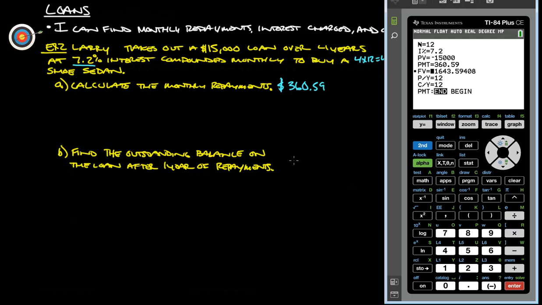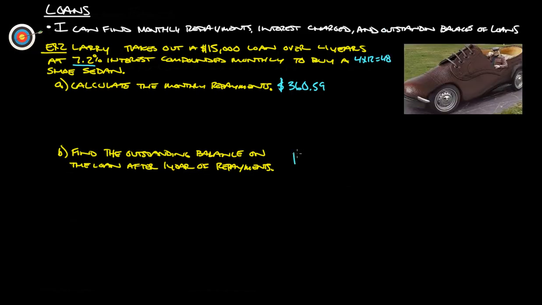We could actually round this one to 11,643.59. That is what the outstanding balance is. So if Larry made the payments and there was no penalty for paying off your loan early, he could pay the remaining $11,643.59 at the end of that 1 year and be done with his loan.